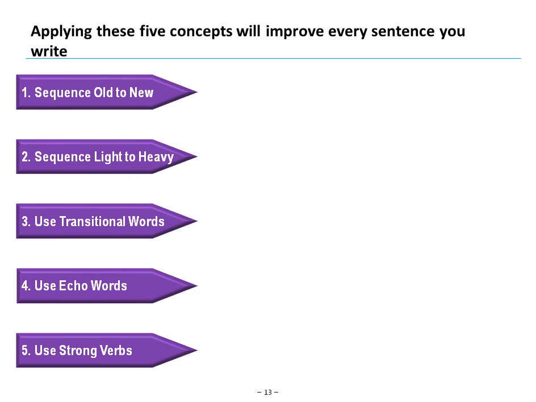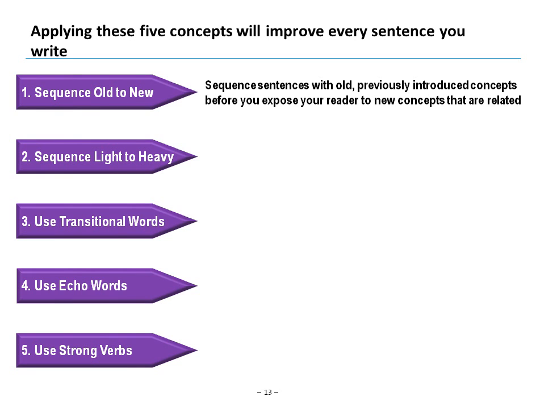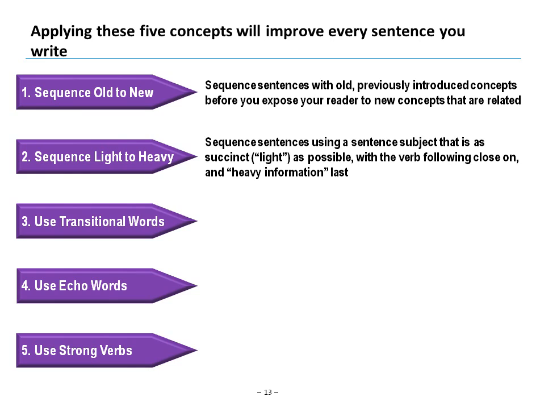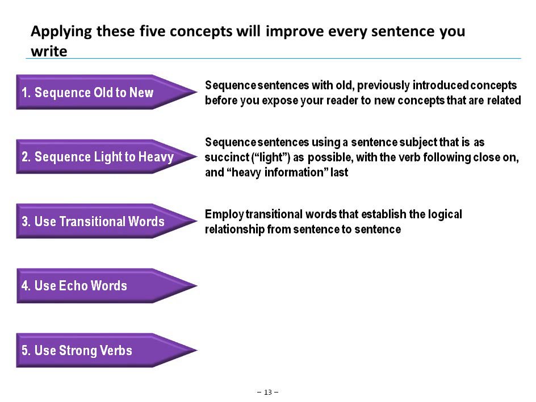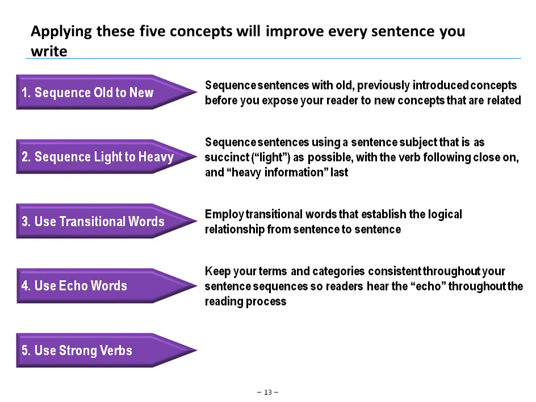Applying these 5 concepts will improve every sentence you write. Sequence old to new. Make sure you sequence with old previously introduced concepts before you expose your reader to new concepts that are related. Sequence light to heavy. Use a subject sentence that is light, with the verb following close on and all the heavy information afterwards. Employ transitional words that establish logical relationships between your sentences.